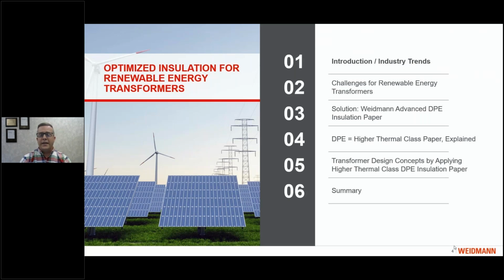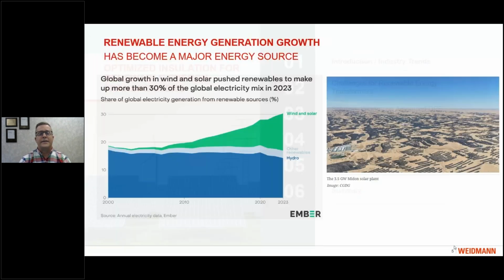So, talking about renewable energy, we all know that renewable energy is really growing and taking off. The graph on the left is just a simple illustration of how, for example, wind and solar have grown in this century from next to nothing in 2000 to being a significant percentage of renewable energy generation, whereas hydro and other renewables have held rather steady.